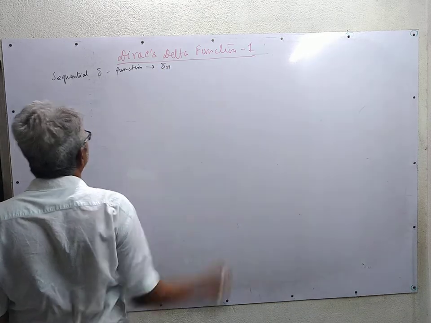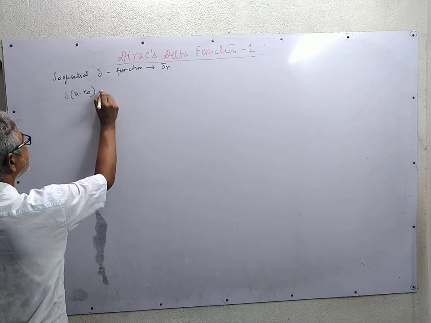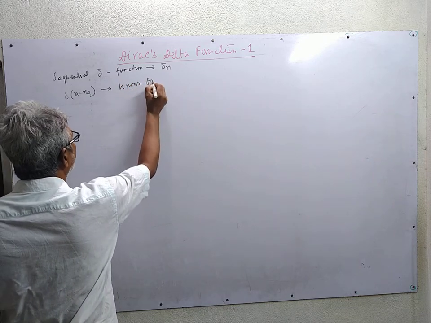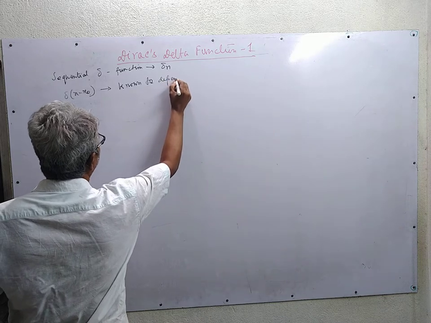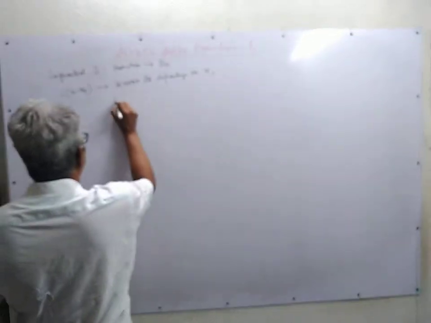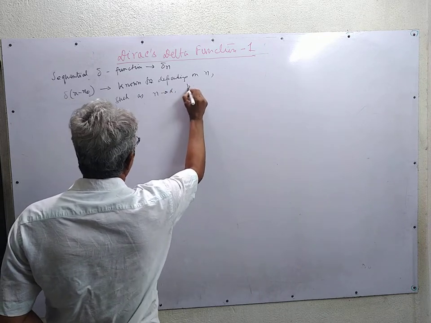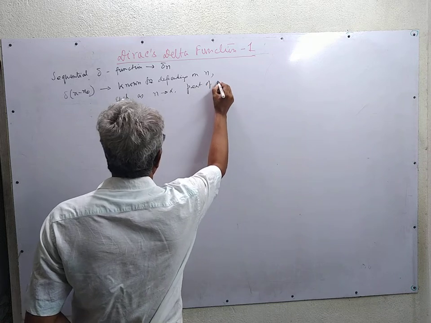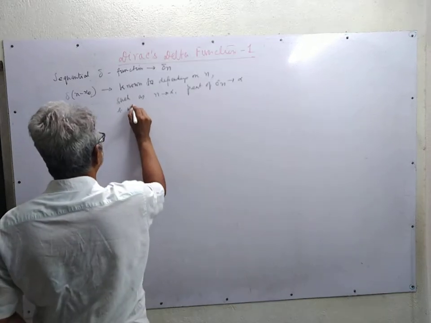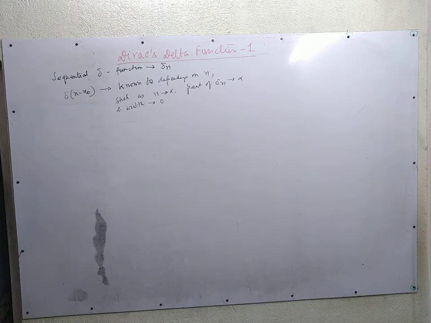This is delta n. Delta n of x minus x0 is represented by a known function depending on n such that as n tends to infinity, the peak of delta n tends to infinity and the width tends to 0, so that the area under the curve is a finite one.